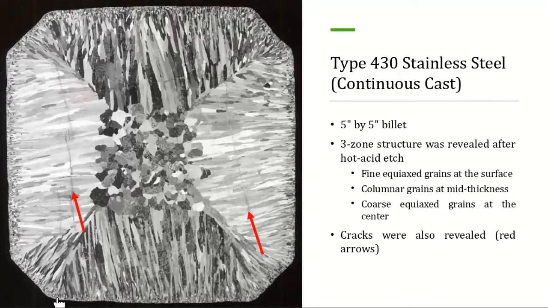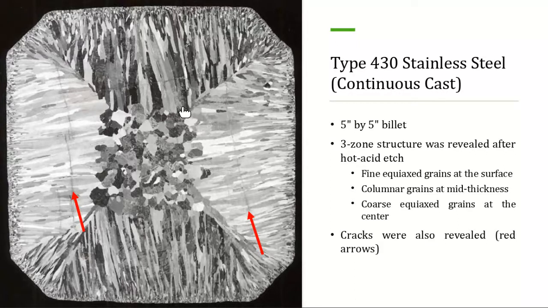Fine means the grains are super small, and it's right at the surface. Your second zone are columnar grains. So you can see that the grains look like they're growing or elongated inward towards the center. And that goes to the third zone, which are large or coarse equiaxed grains at the center of the billet.